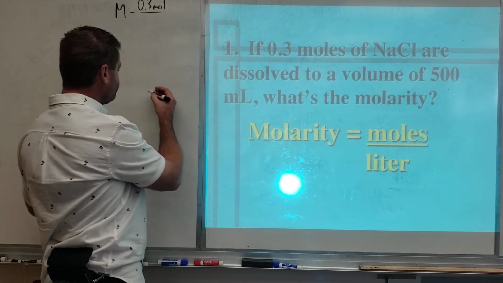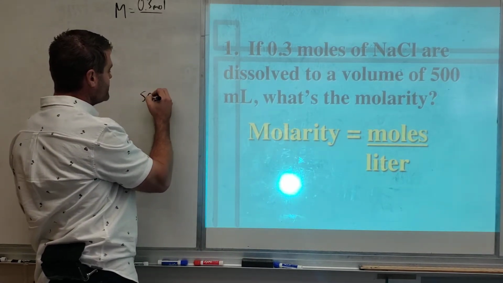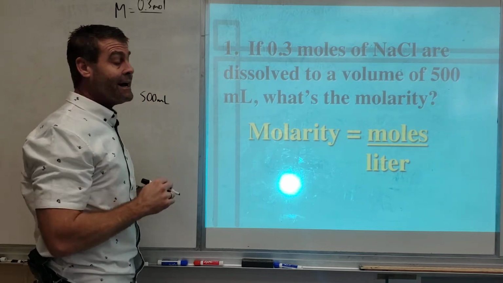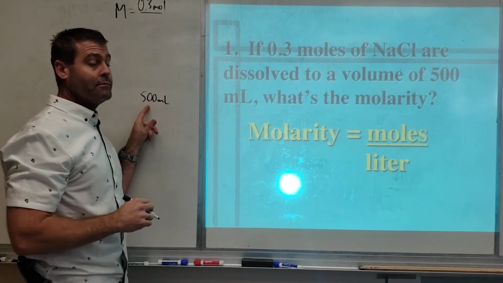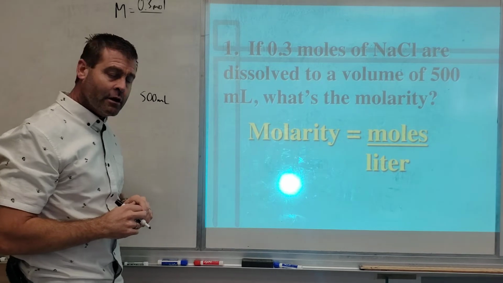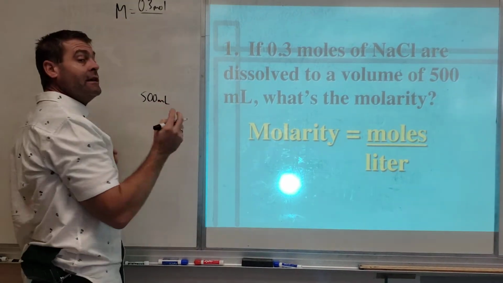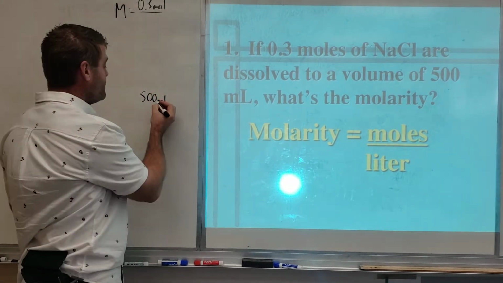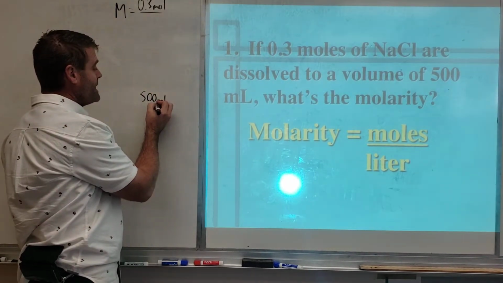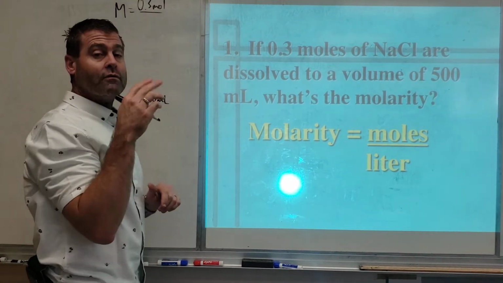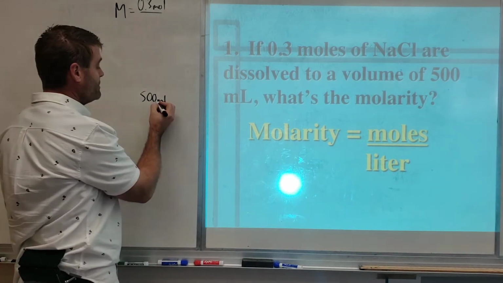So once again, if 1 liter is 1,000 milliliters, you should know 500 milliliters is half a liter. Another way you could look at it is if there's 1,000 milliliters in a liter, there's 3 zeros in 1,000. That means I would divide by 1,000, which means I would move the decimal over 3 places because it differs by 3 factors of 10.